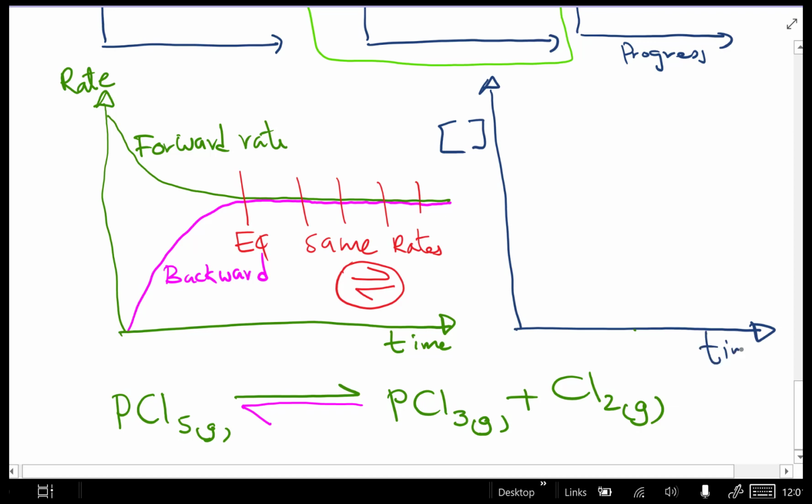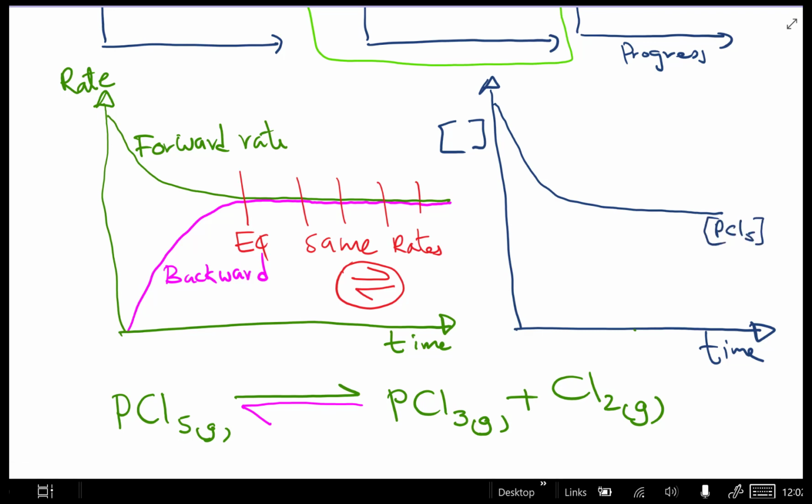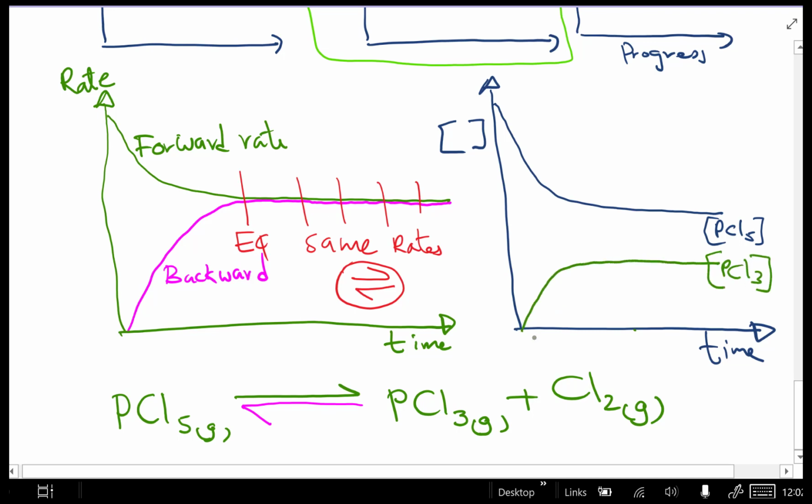Now let's look at this one. This one shows concentration against time. The concentration of PCl5 is losing and it's going to go into a plateau, and PCl3 and Cl2 are going to increase and also go into a plateau. But the reactant and product concentrations are never going to be the same.